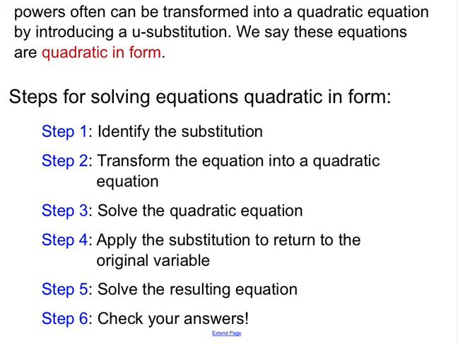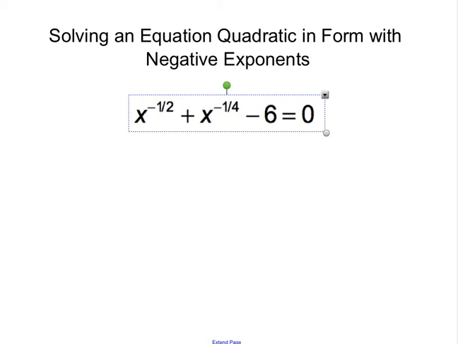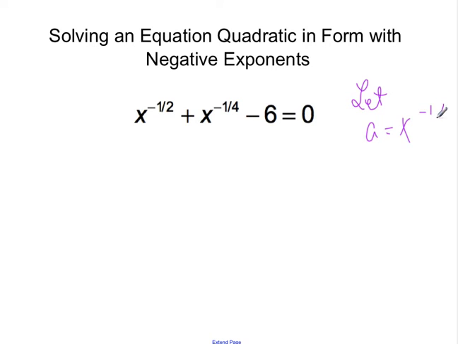So let's try one. I put a new equation in, and this one looks quadratic, but it's not quite. If I let a, and I guess I could call it u, but I like a better than u, equal x to the minus 1/4, I can substitute in.